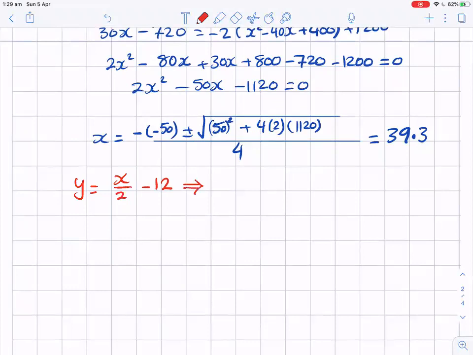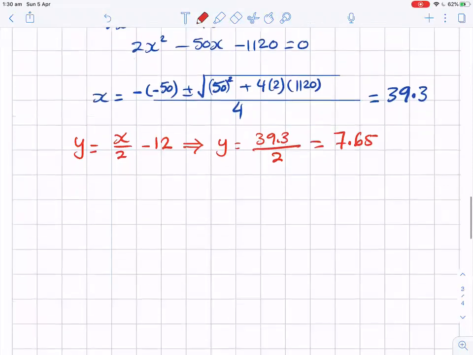So y equals 39.3 over 2, and this will give 7.65. Therefore the coordinates of C are 39.3 and 7.65. So far, we have found the coordinates for A, B, and C, the intersection points.